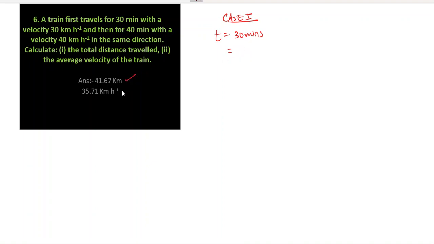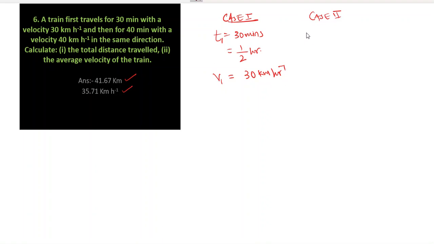See, everything is in kilometer and kilometer per hour. So let's write 30 minutes as half hour. Okay, so the velocity for the first case, T1, V1. V1 is 30 kilometer per hour. And then for 40 minutes with a velocity of 40 kilometer per hour. Case 2.